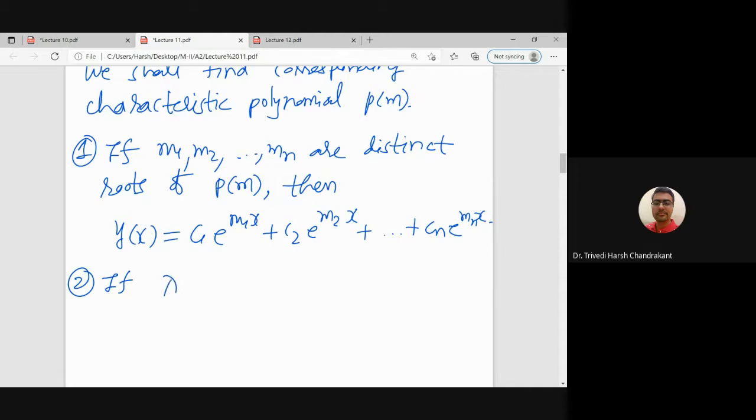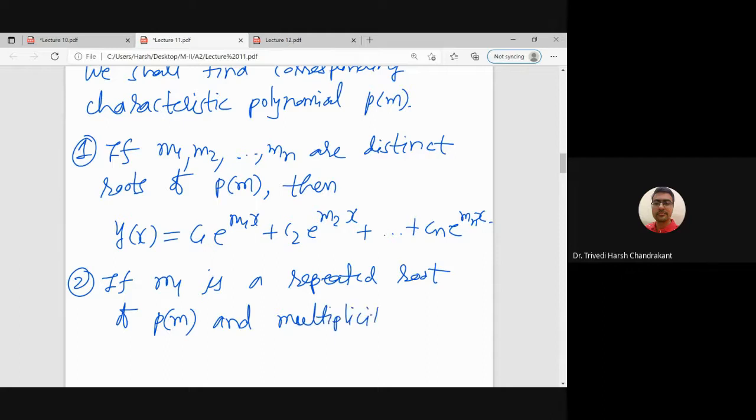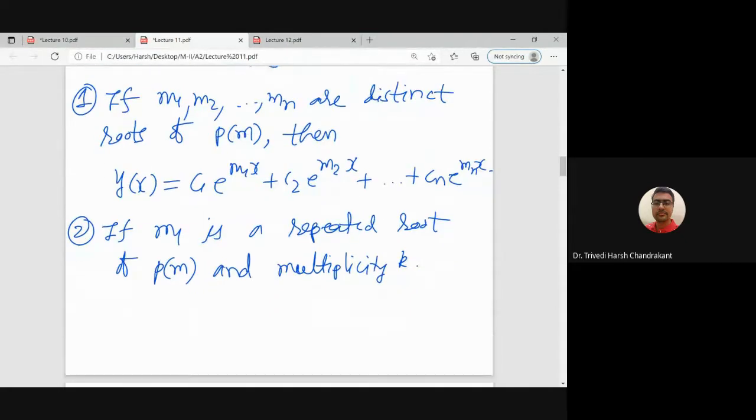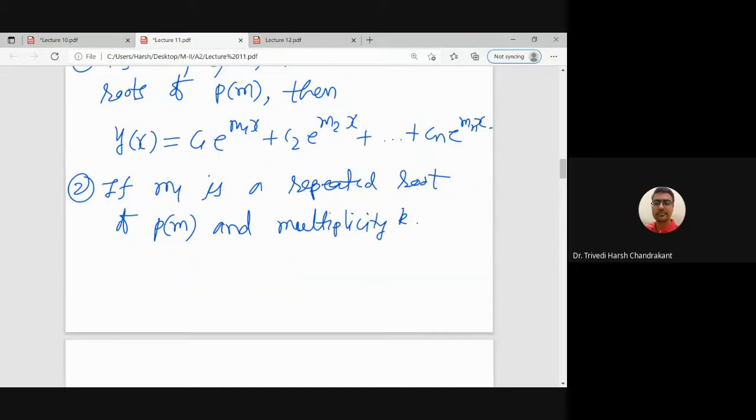So suppose m1 is a repeated root of the characteristic polynomial, and it has multiplicity k, right? So that means k times it is repeating. So that means we have a factor of (m minus m1) power k of the polynomial.